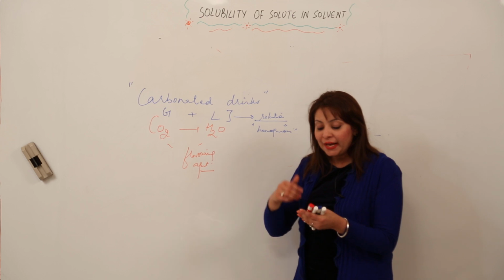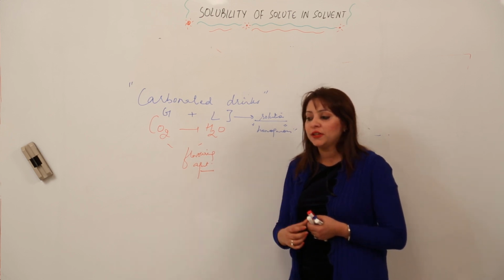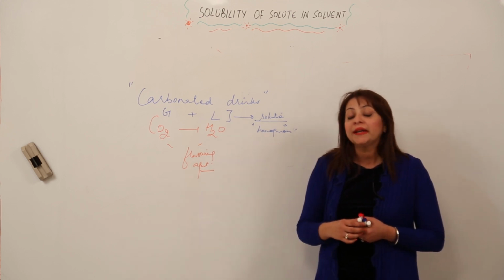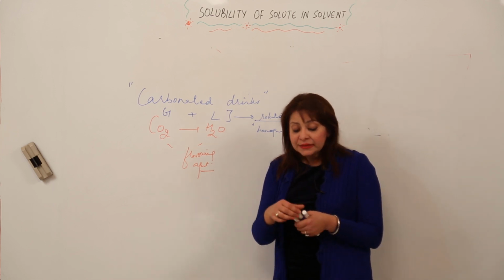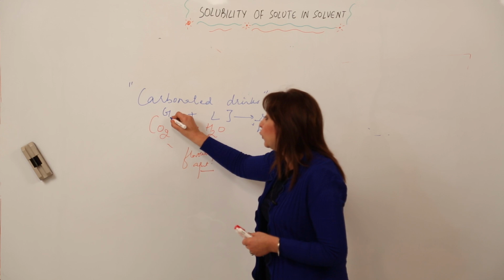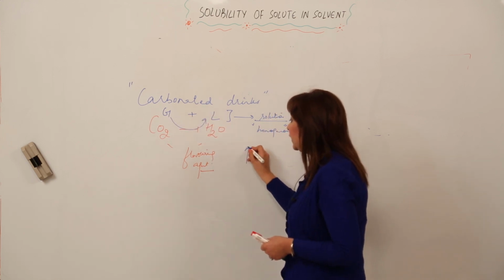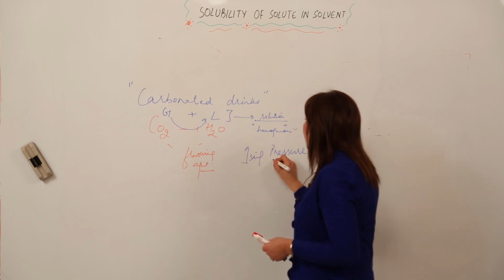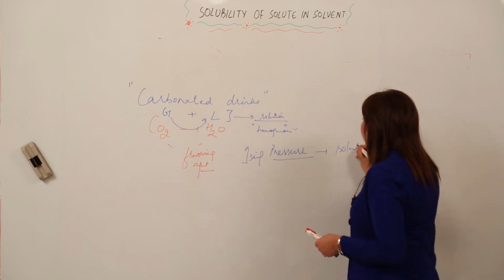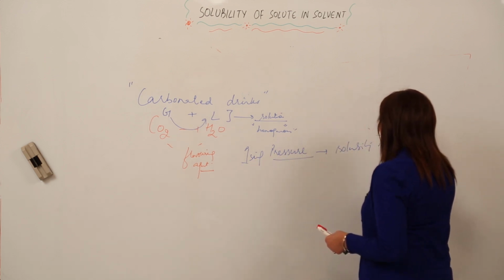But what has actually happened, if we talk about the physical conditions which are required? We have just increased the pressure. The gases get dissolved in a liquid by just increasing the pressure. The more you increase the pressure, the more is the solubility of gas in liquid.